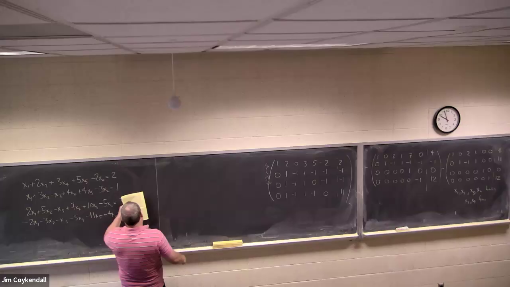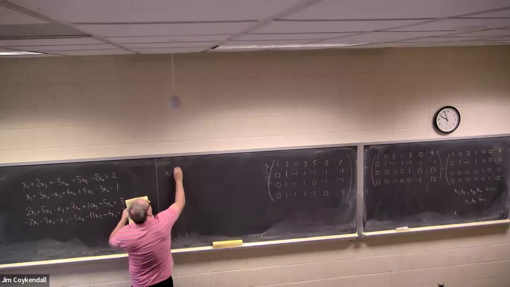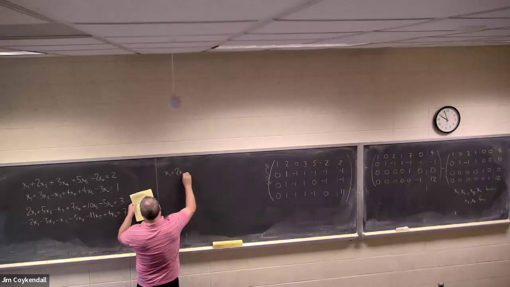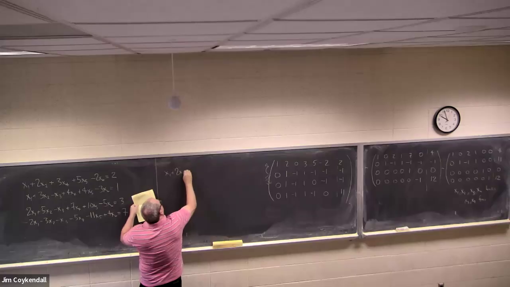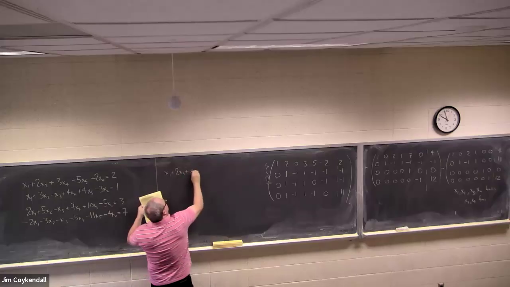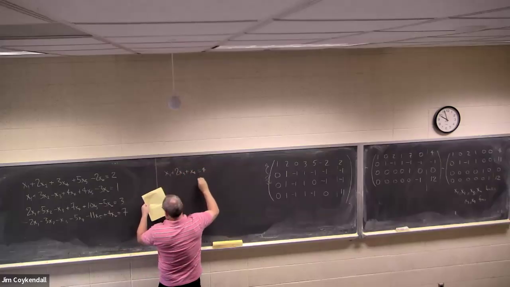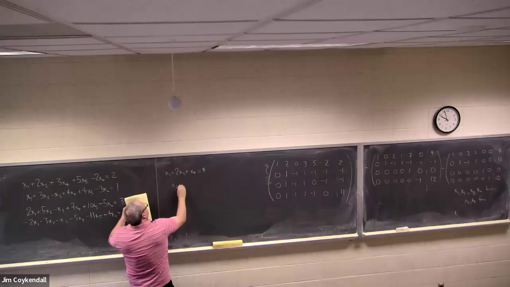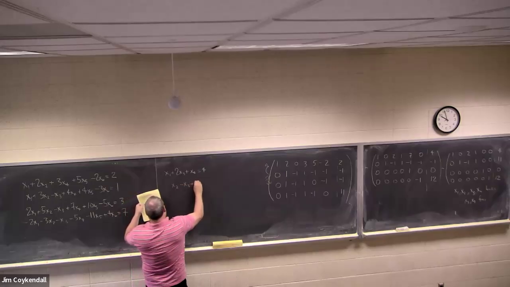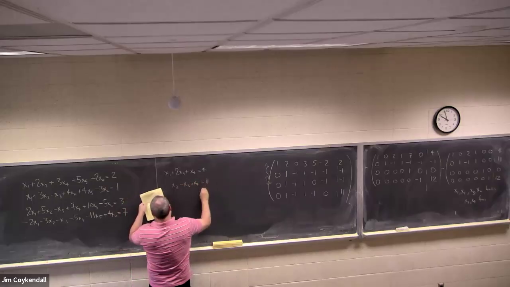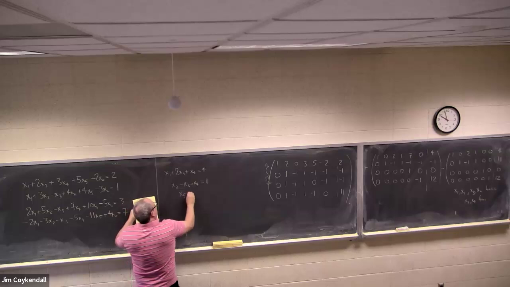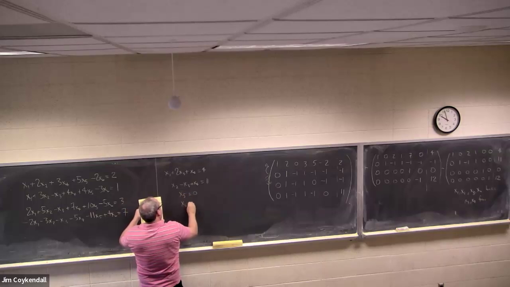And so basically these equations are x1 plus 2x3 plus x4 equals 4, x2 minus x3 plus x4 is equal to 11, x5 equals 0, and x6 equals 12.